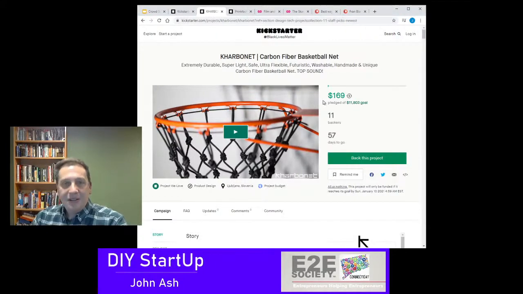The most important part right here is the pledged amount. They started a campaign and set a money goal of $11,803. They think that if they raise $11,803, they can manufacture these carbon fiber basketball nets and make a little bit of money.